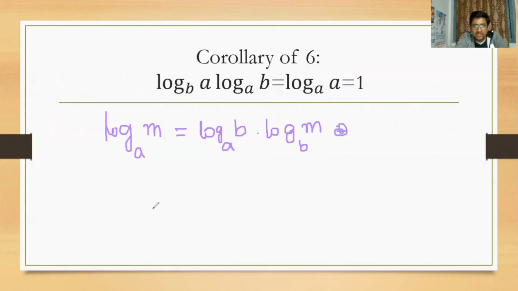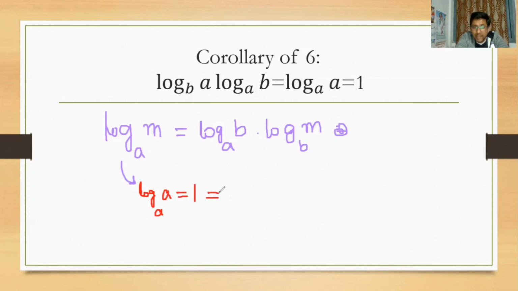Now let's see this. Let me replace this m with a first of all. ठीक है, इस m को मैं a से रिप्लेस कर देता हूं. Okay, so if I replace this m with a, obviously my answer is going to be what? See, every property is connected. Obviously my answer is going to be 1.